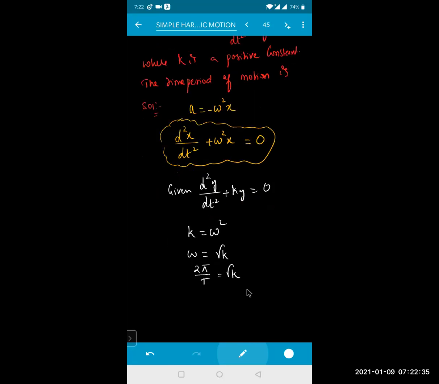So T is equal to 2 pi by root of k. So this is your time period. T is equal to 2 pi under root of k, so that will give me the time period of the particle.